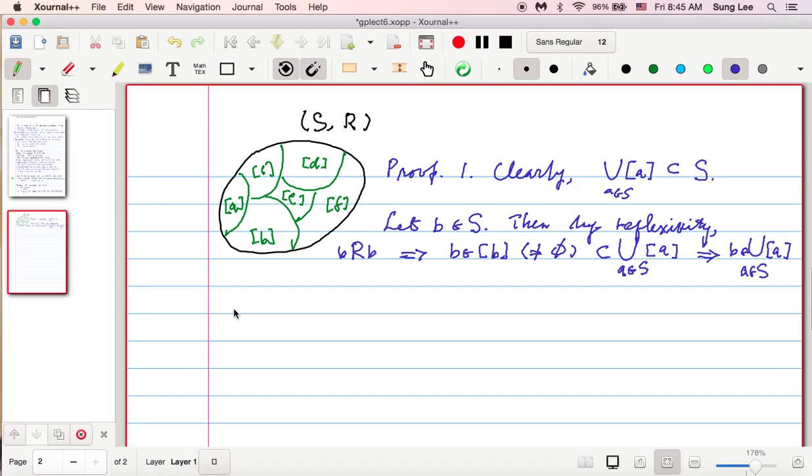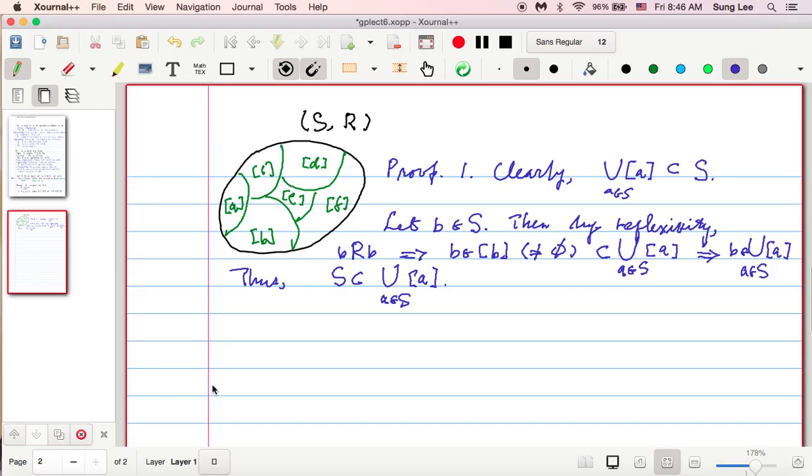So what does that mean? That means, thus, S is also a subset of this whole union of equivalence classes.